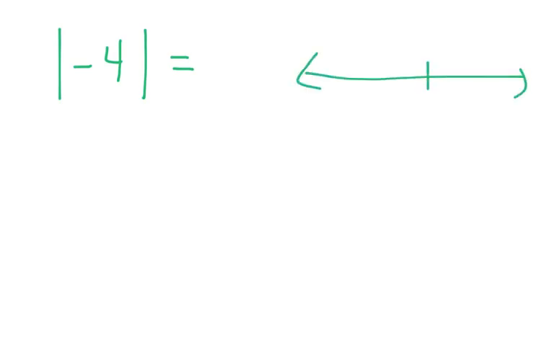So, if you recall, absolute value bars look like this. If I asked what the absolute value of negative 4 is, you're thinking, what is the distance from 0 to negative 4? Well, the distance is 4. So the absolute value of negative 4 is 4.